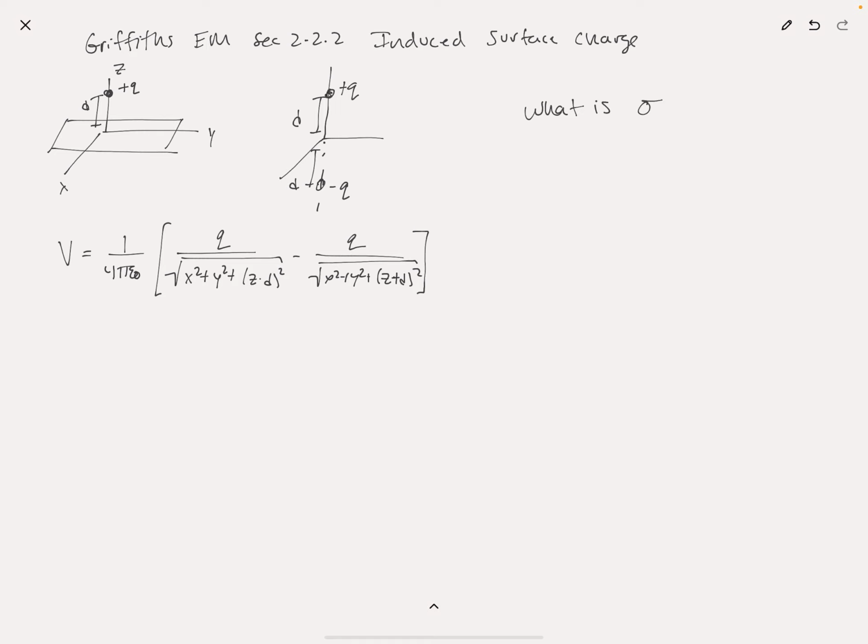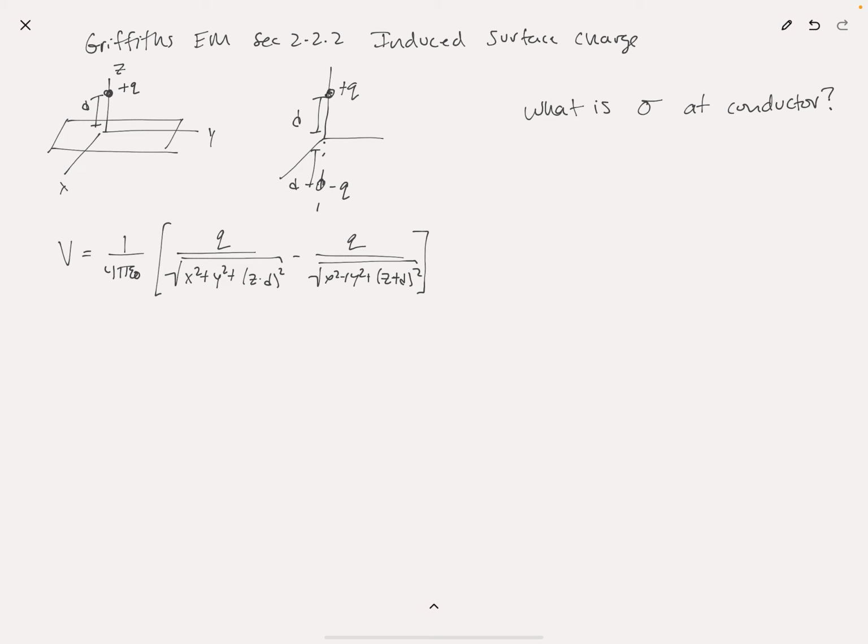It's a surface, so it'll be a surface charge distribution. It's also a conductor, so charges have to live at the surface. What is that surface charge distribution at the conductor? We have to remember that the electric field undergoes a discontinuity across a surface with a surface charge.